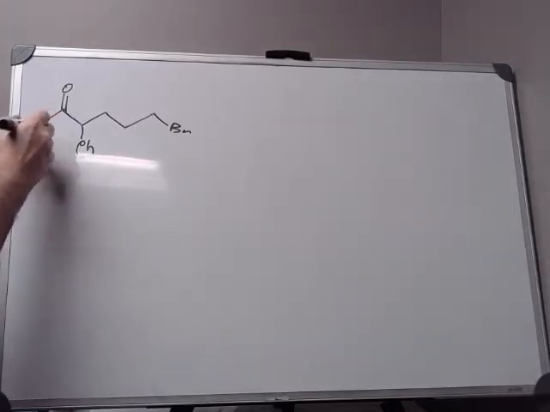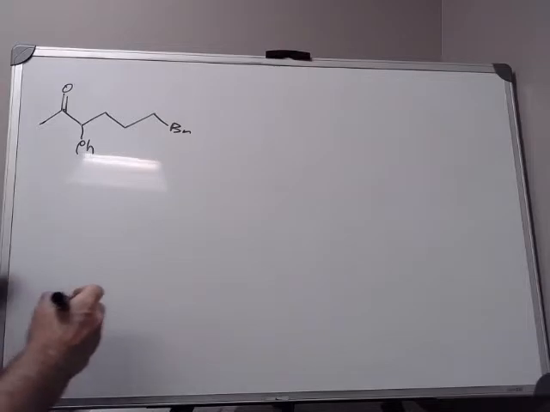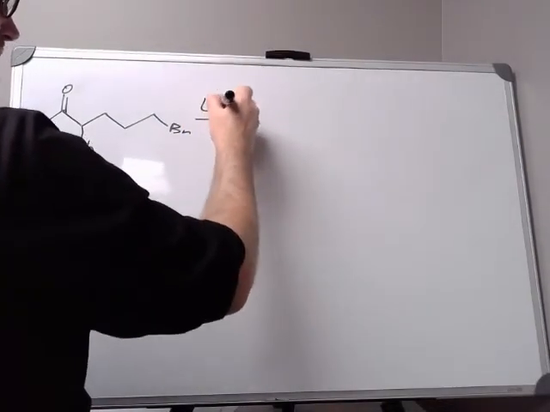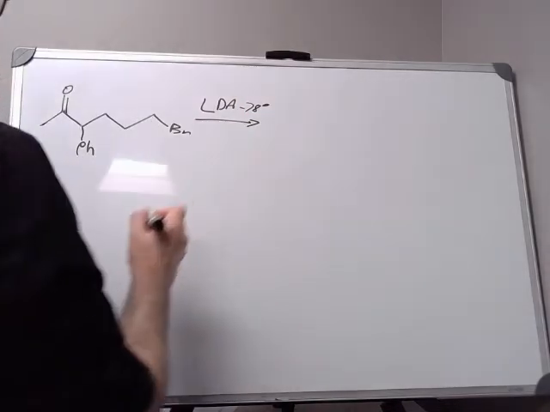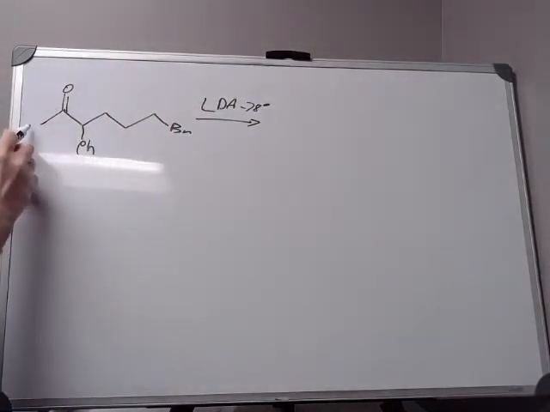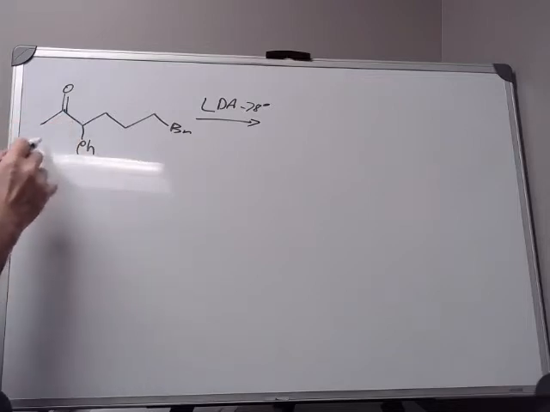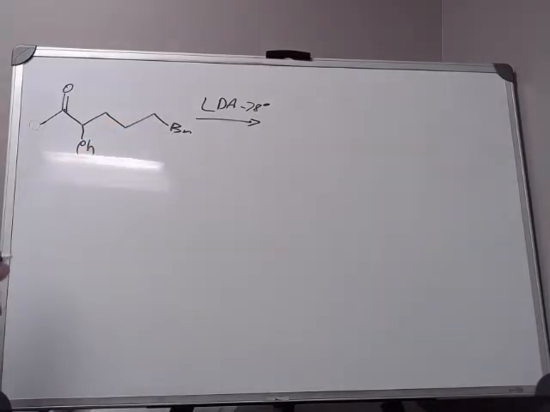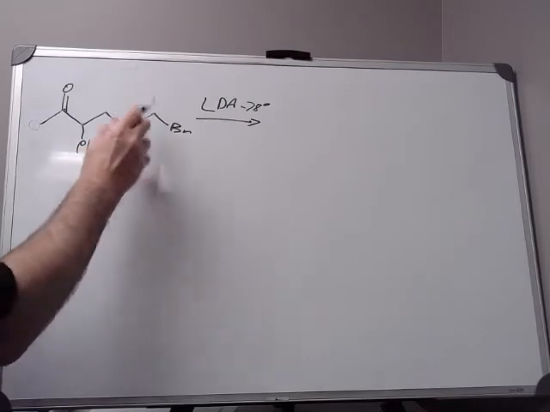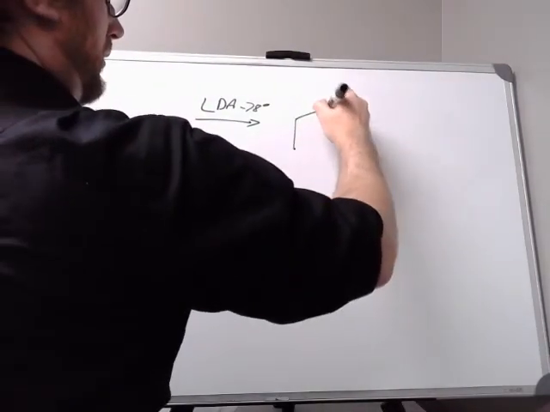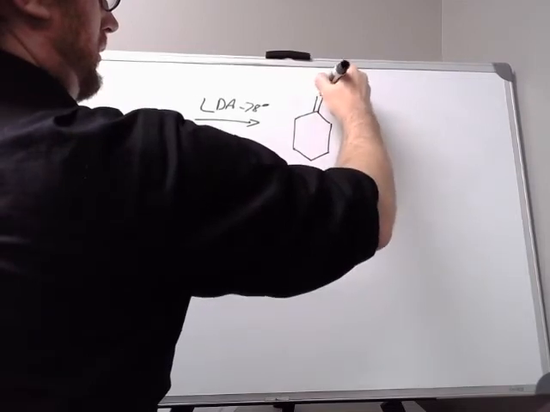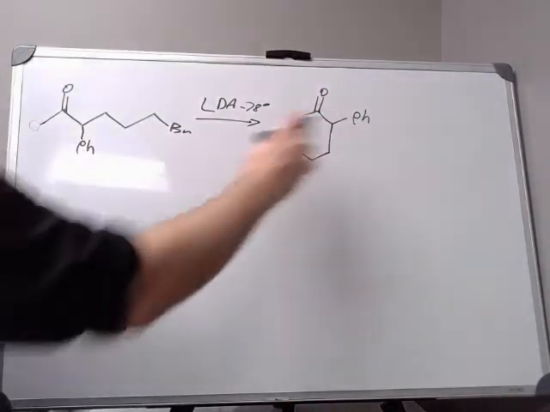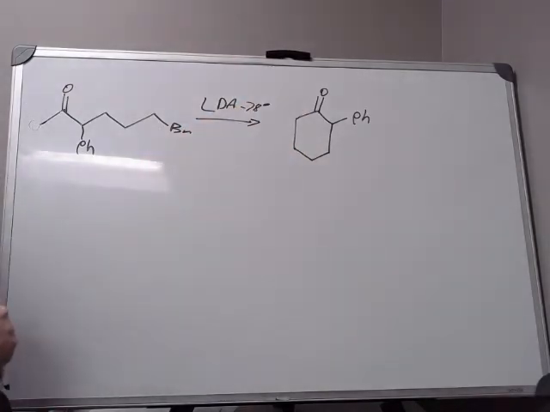And then if we use LDA at negative 78 C, then this will deprotonate at the kinetic position on this methyl instead of this other alpha carbon. So we'll deprotonate here, and then this enolate will attack this carbon next to the bromine, and will form a 1, 2, 3, 4, 5, 6-membered ring with the phenyl group next to our carbonyl.